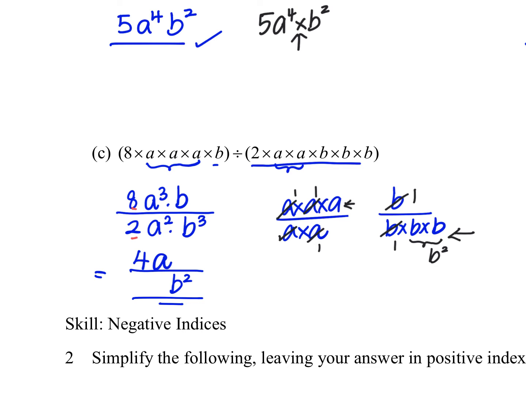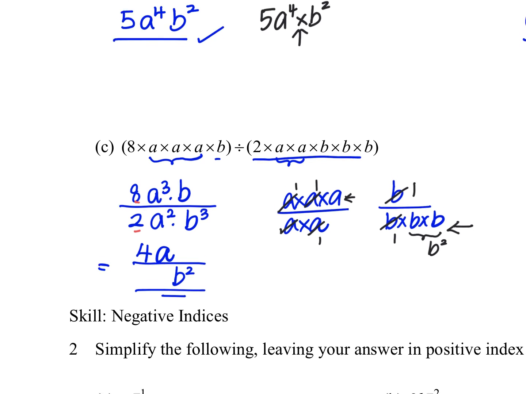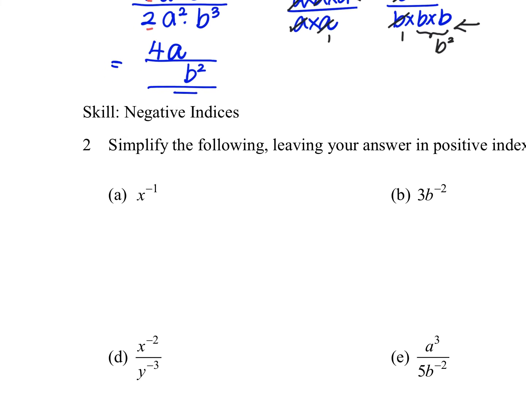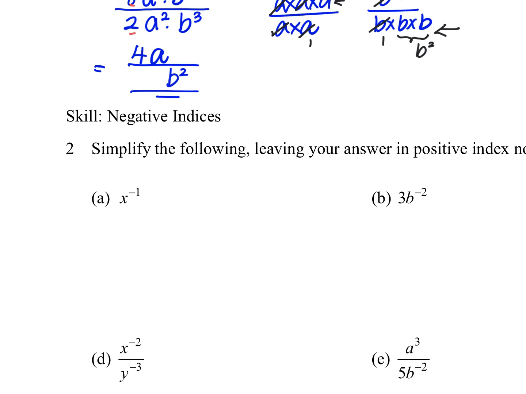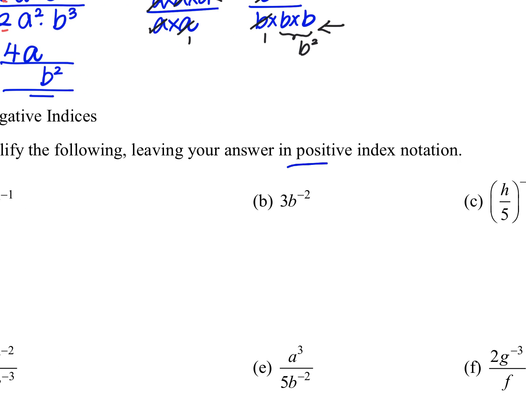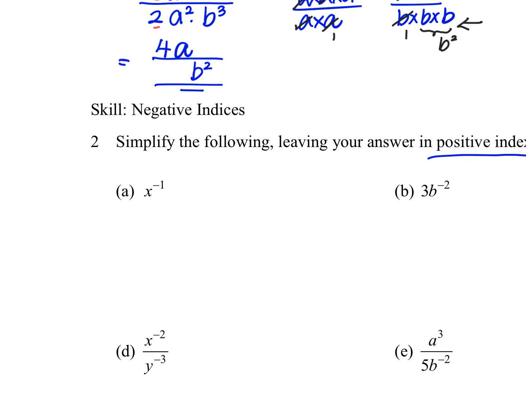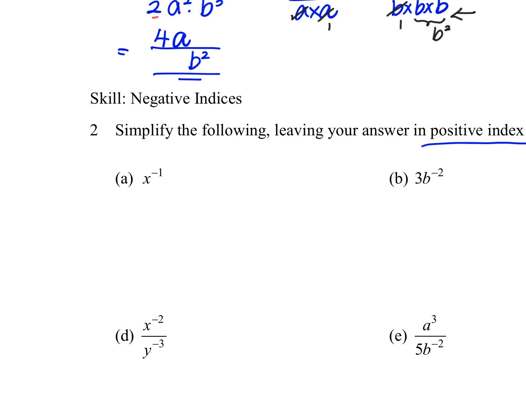Now let's move on to the next part where we are looking at negative indices. Most of the questions will tell us to simplify the answer, leaving our answer in positive index notation. So what does a negative index mean? For example, if I were to give you x to the power of -1, what does this actually mean?